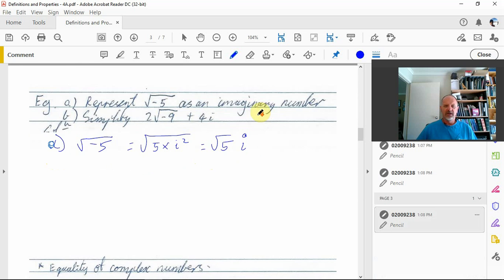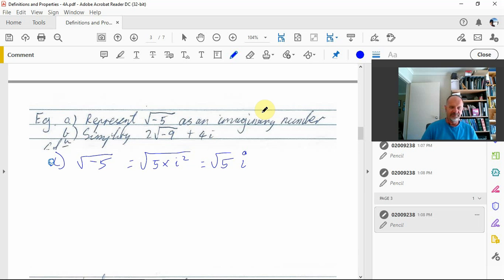All right, so then say something like this, simplifying, so for b, 2 root -9 plus 4i.